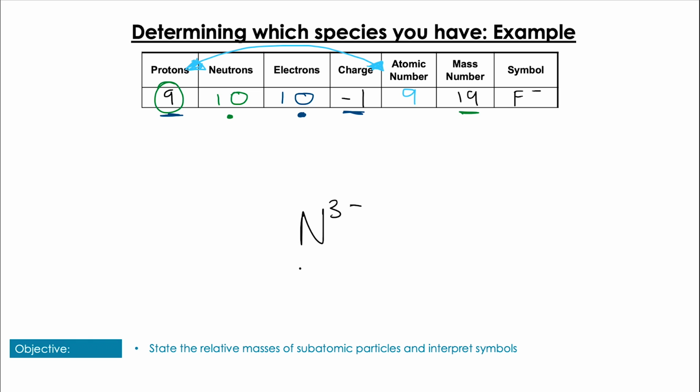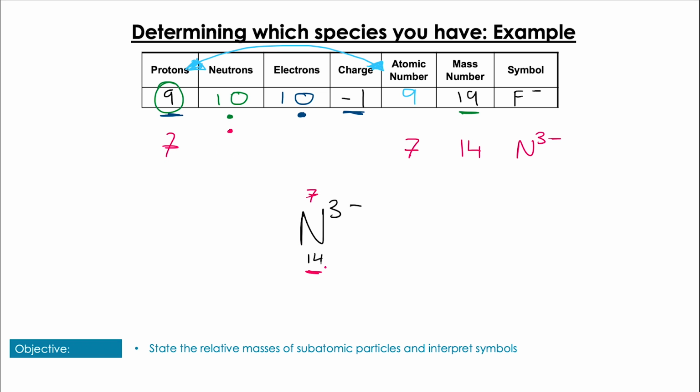Let's have a look at something else. So let's take this species here. So we've got nitrogen 3 minus 14. So we've got our mass number and we've got our symbol here. We know that our atomic number is 7 because we have nitrogen, and that gives us our proton number. So we've got 7 protons.